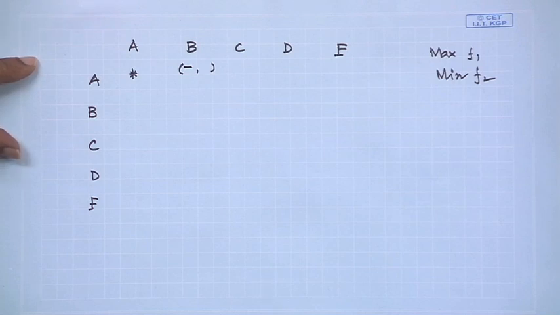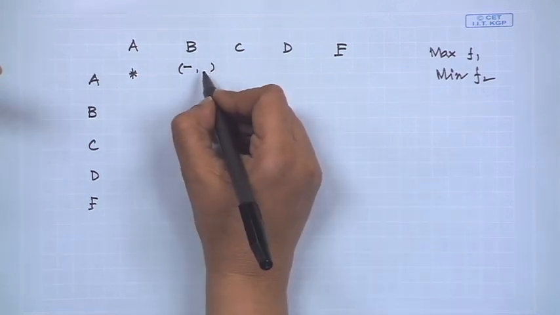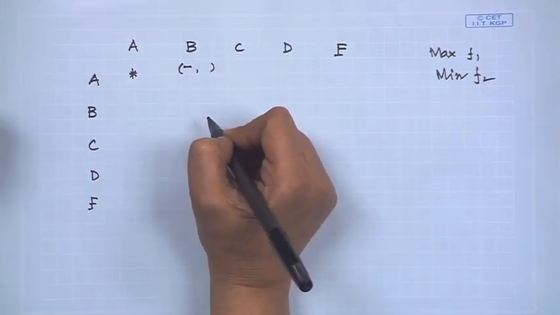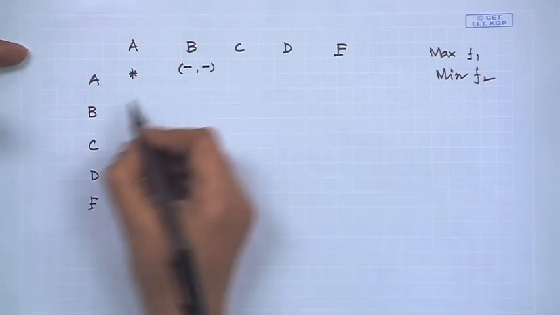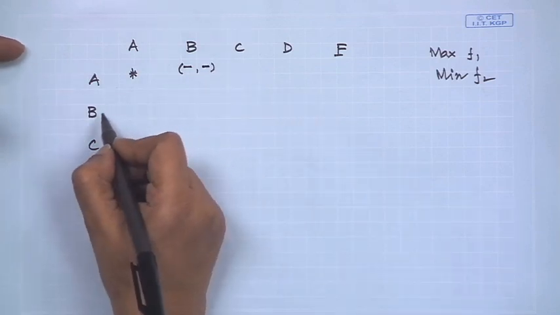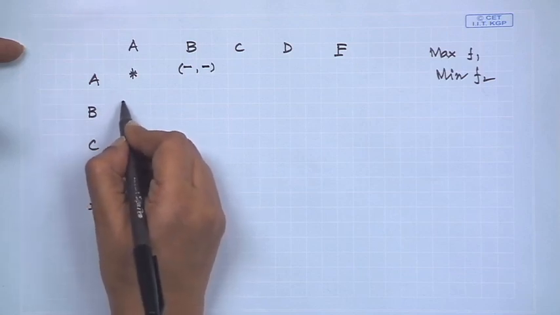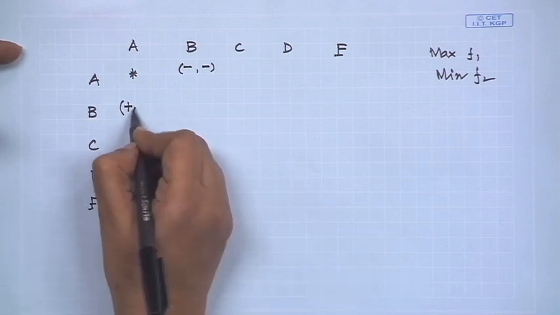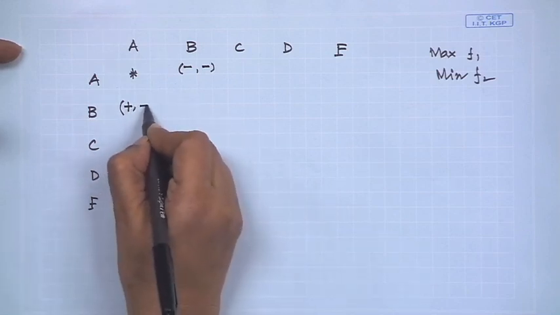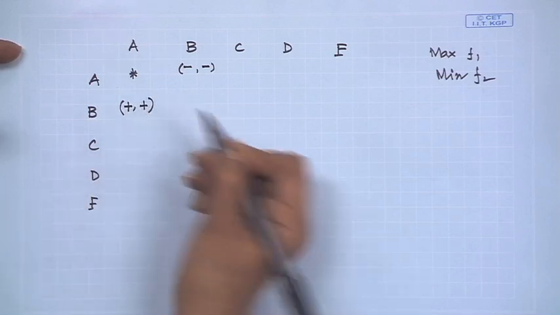Now, let us see F2. With respect to F2, we are trying to minimize F2. For A the value is 5 and for B the value is 2. That is why A is not preferable to B with respect to F2 again, so I am putting a minus. But if I compare B with respect to A, we could see that with respect to F1 B is preferable to A, and with respect to F2 B is preferable to A as well.